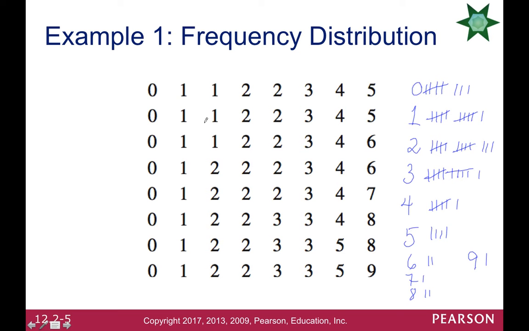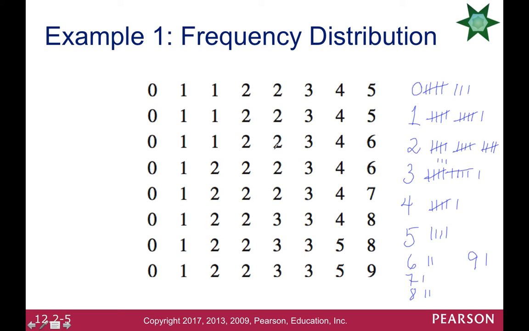Okay, so let's make sure they're right. 1, 2, 3, 4, 5, 6, 7, 8 for 0. 11 for 1. For 2's, let me check that again.